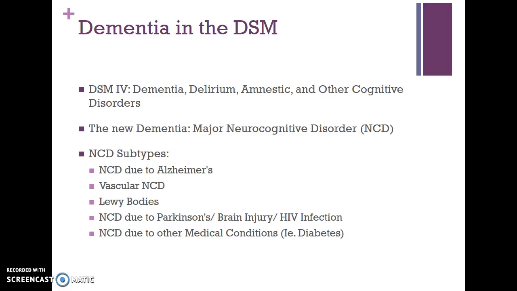The first thing that I want to go over is where to find dementia in the DSM. In the DSM-4, dementia could be found under the category of dementia, delirium, amnestic, and other cognitive disorders. Now in the DSM-5, dementia is no longer a specific diagnosis, but it can be referred to under the major neurocognitive disorders.